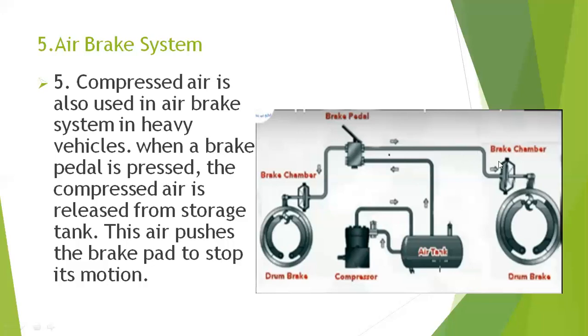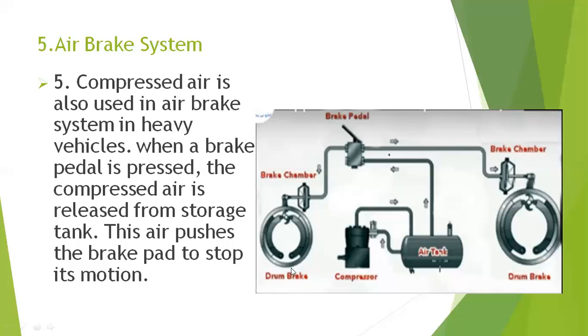See this, this is the brake chamber, which is present on all the wheels of the vehicle. Now when this compressed air comes to the brake chambers, it transfers this pressure to the drum brakes. In our book they did not use the word drum brake, they have used the word brake shoe, right?